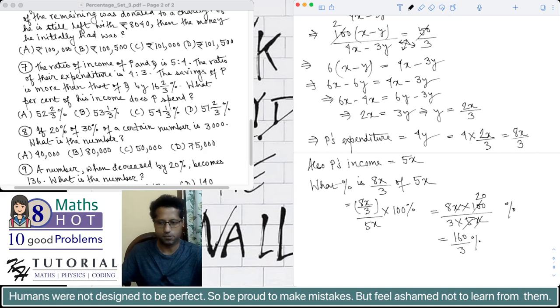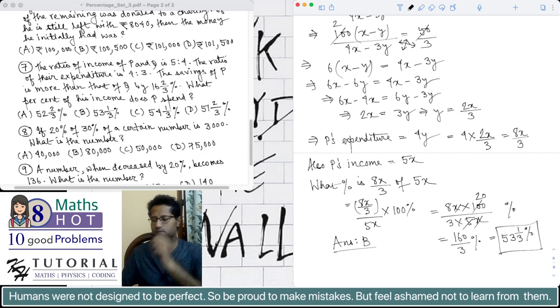Now if you convert 160 by 3 to a mixed fraction, it will be 53 and 1 by 3 percent, and hence the correct choice is B. Correct choice is B.